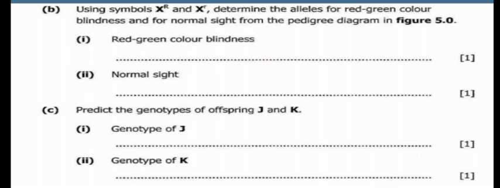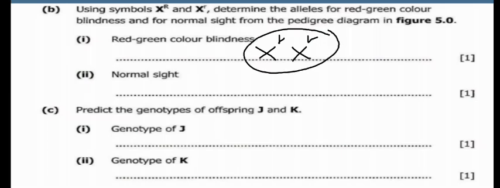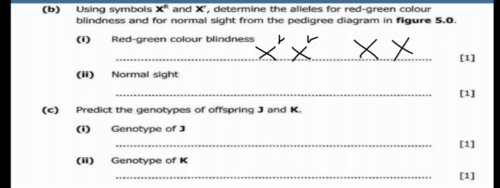So I'm going to say X, another X. Now what are we going to put here on top? We're going to put small letter r. This one is going to represent a person who is affected by red-green color blindness. But whenever you use X with capital letter R and X with small letter r, this one is going to represent a carrier.